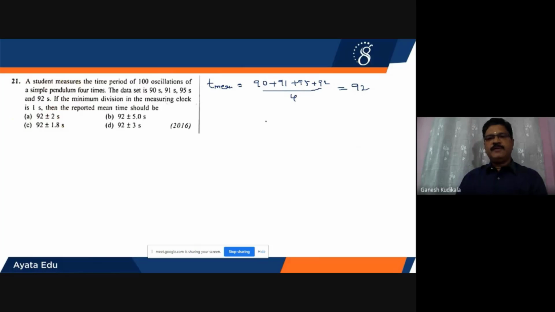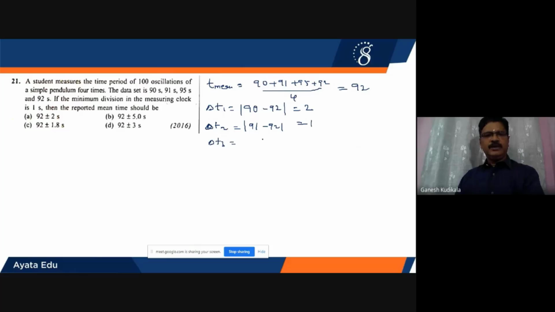Now let us find the error in each observation. Delta T1 will be equal to the modulus of the first observation minus the mean 92, its value is 2. Similarly, delta T2 is the modulus of 91 minus 92, the difference is 1.